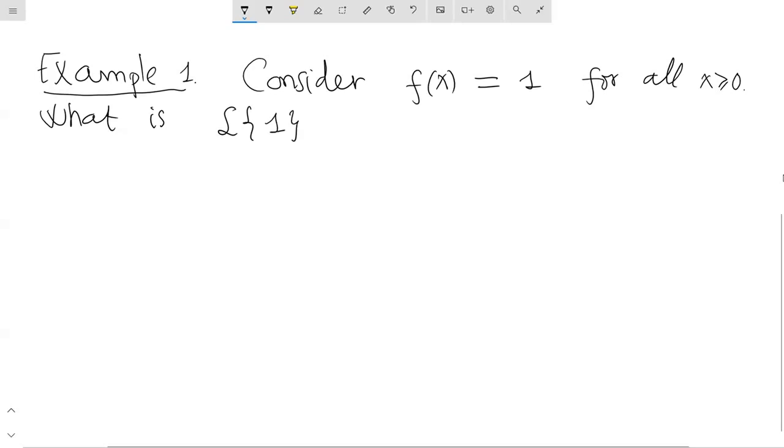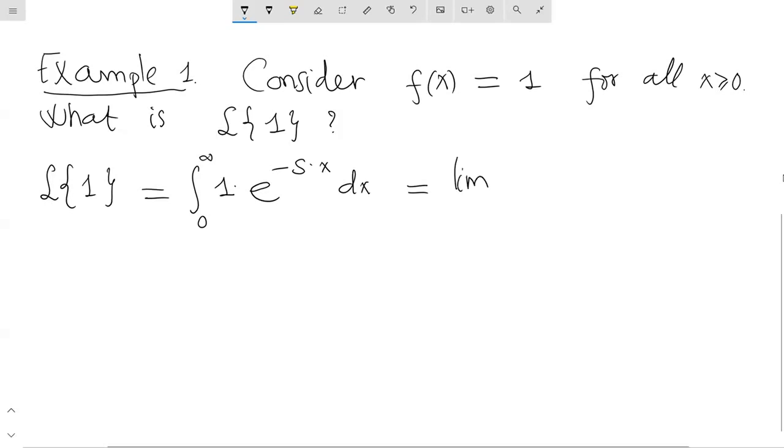By the definition of the Laplace transform, it is the integral from 0 to infinity of the function, which is 1, times e to the minus s times x dx. Well, we have the limit as A goes to infinity of the integral from 0 to A of e to the minus s times x dx.